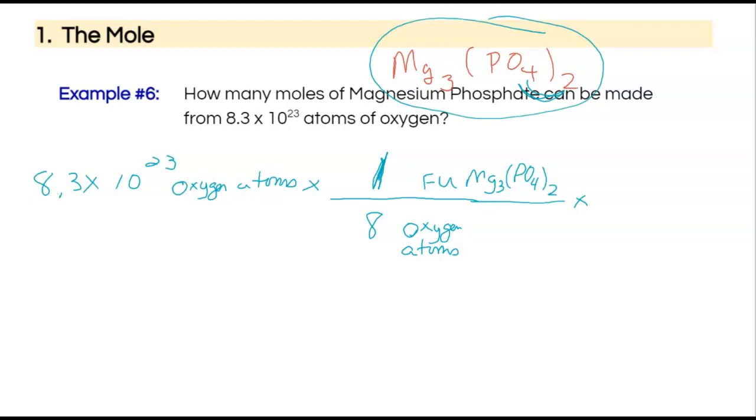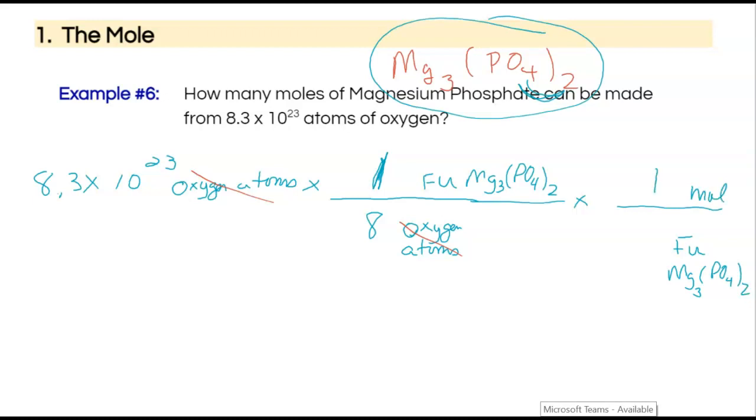Now I'm not quite done, because all I've figured out are how many particles of magnesium phosphate I have, which is not what I want. So I need to keep going. I want to get rid of my formula units of magnesium phosphate, and I want moles of that substance instead.